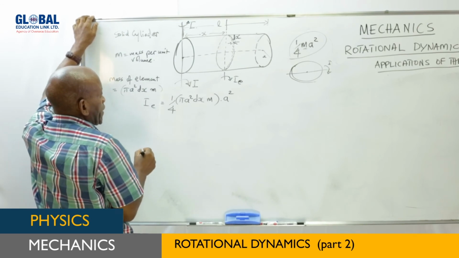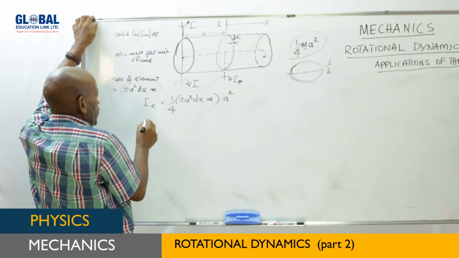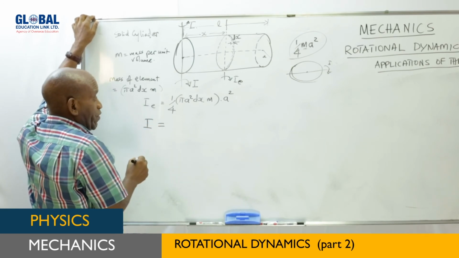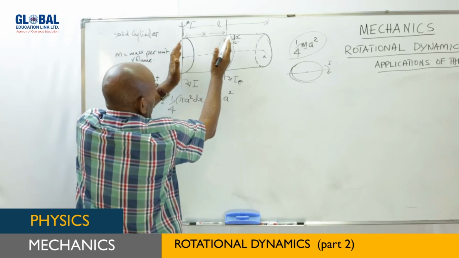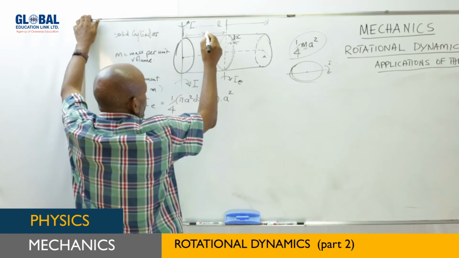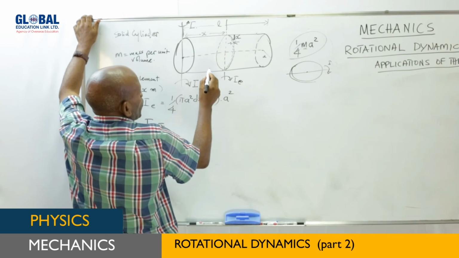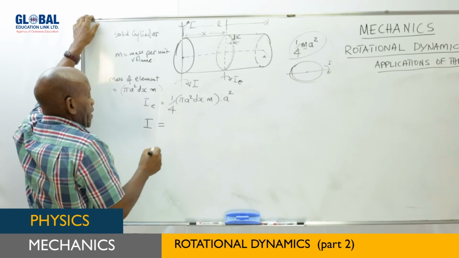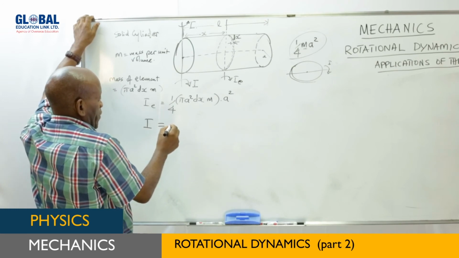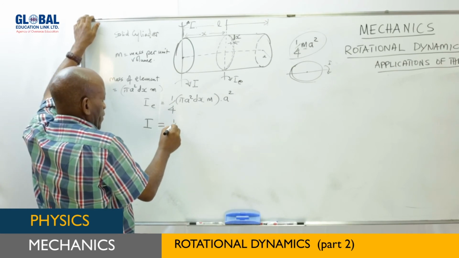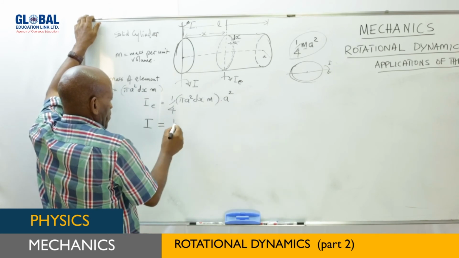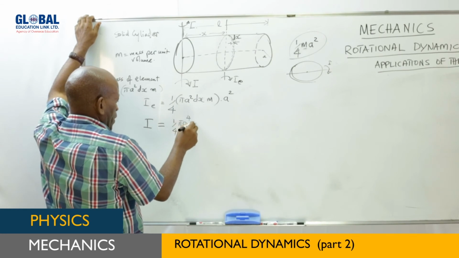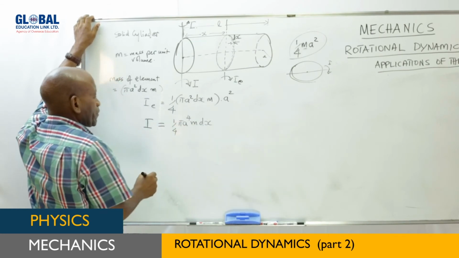So the moment of inertia I, by the use of the parallel axis theorem, where the distance that separates the two axes is equal to x for that particular case, will be 1 over 4 pi a power 4 m dx.